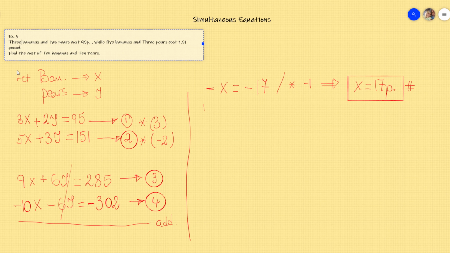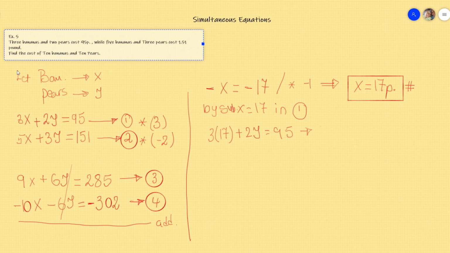By substituting x equal 17 into equation 1, 3 times 17 plus 2y equal 95.